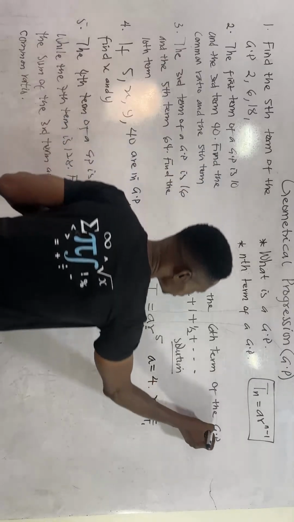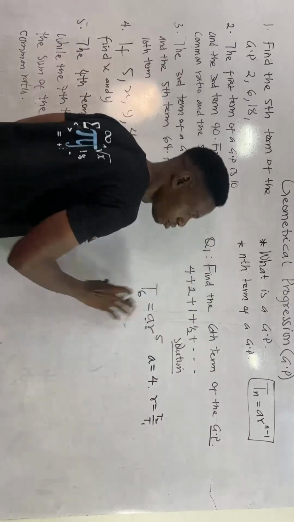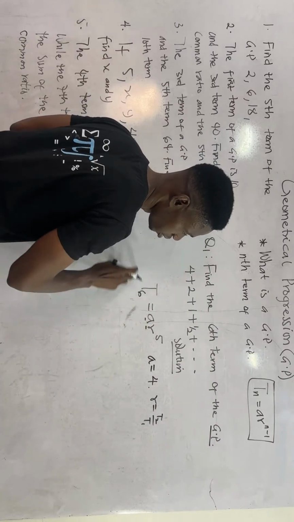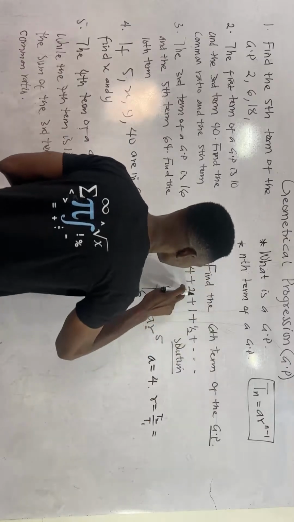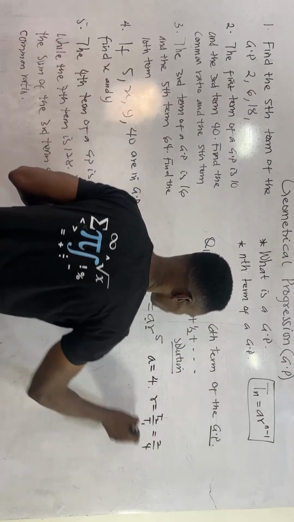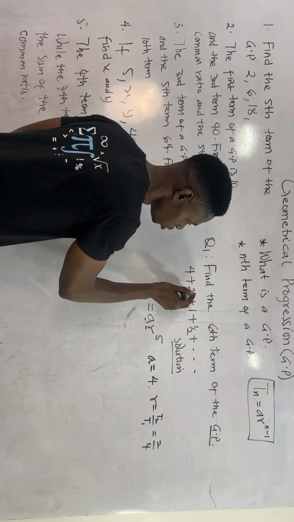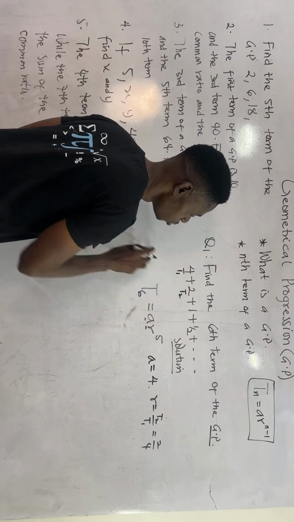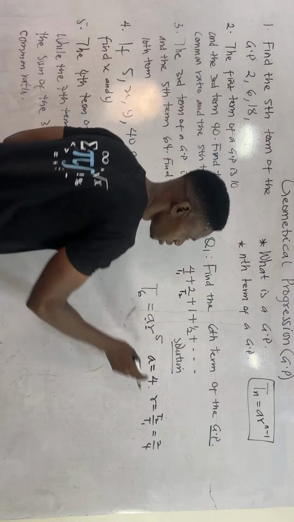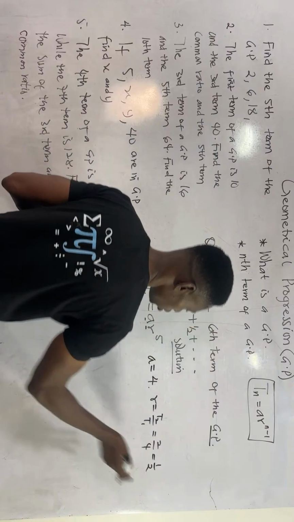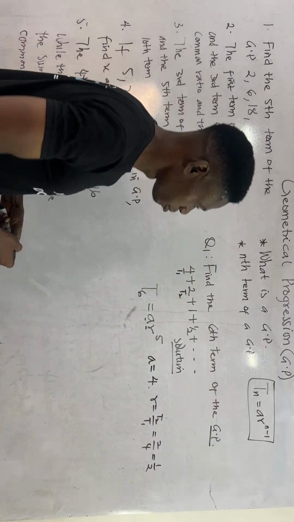Because you have been told it's a GP, you don't have to think, just go straight. So what's our T2? Which is 2 divided by 4, right? T2 divided by 4, T1. And that's 2 over 4, which is 1 over 2 when you bring it to the lowest term.